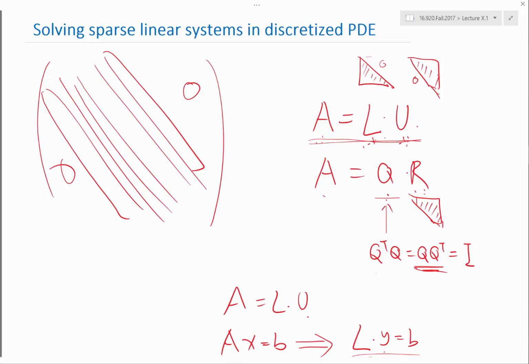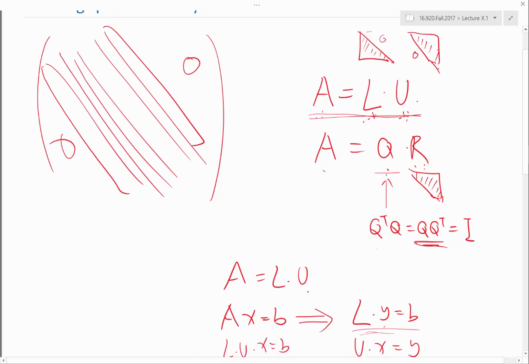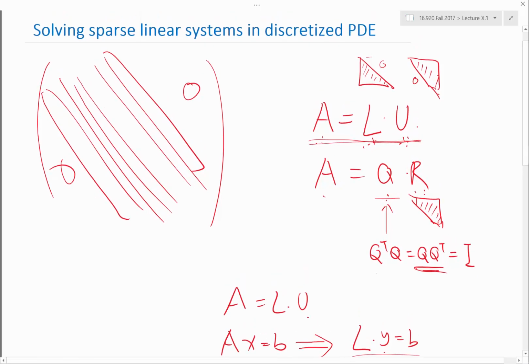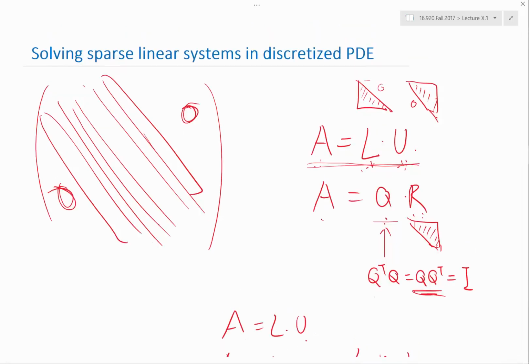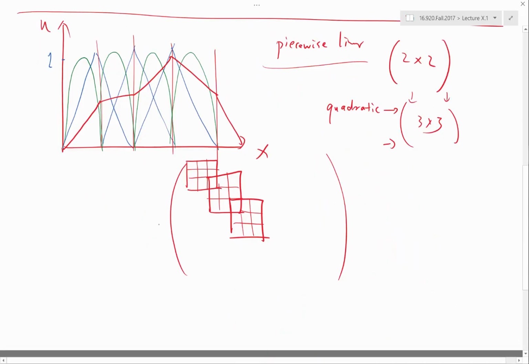If you do LU decomposition, the L and U will end up being a banded matrix. So the bandwidth of L and U is pretty much the same as A. It will not fill these zero entries, but it'll fill everything in between. So that's actually not a problem if we have a matrix of this kind, right?